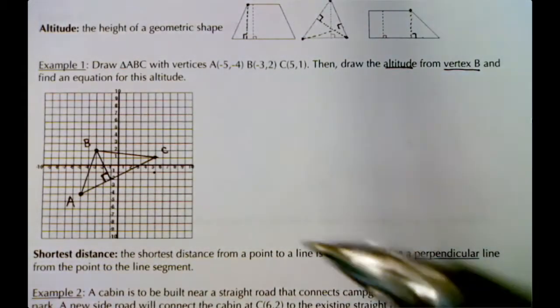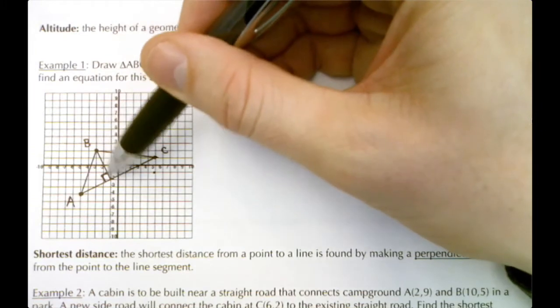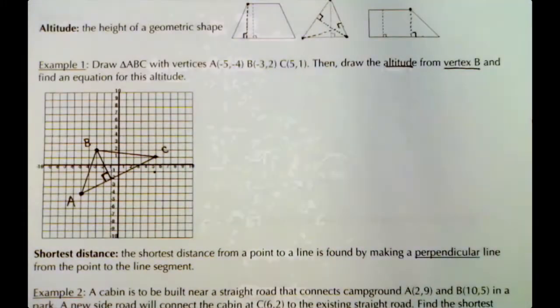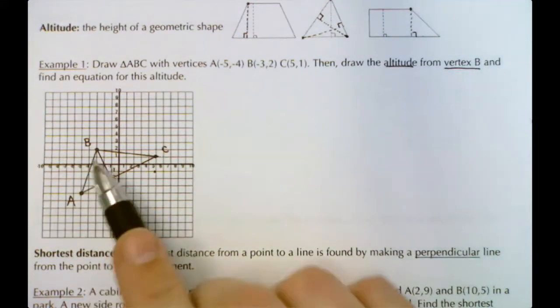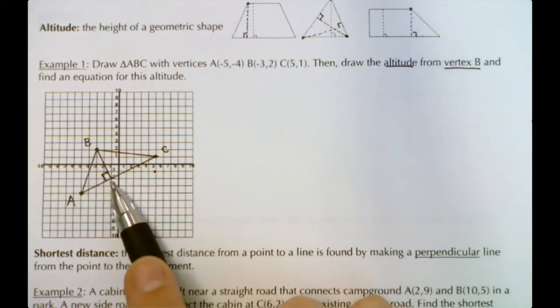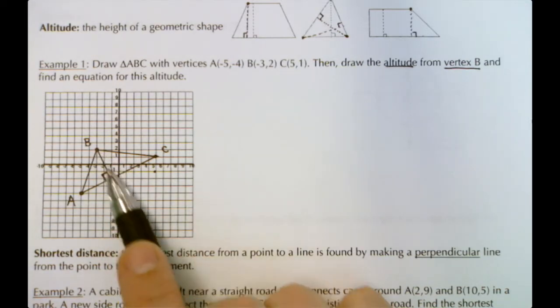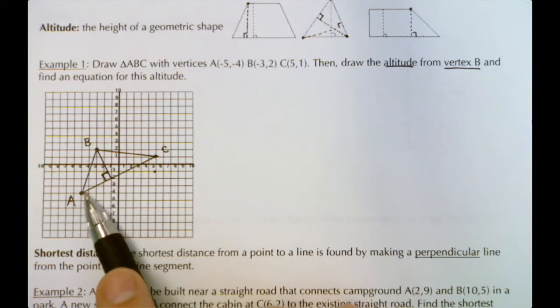So how would I come up with the equation of this line? Well, on this line right now, I know one point for sure. I know point B, and I don't know the slope of the line. It looks like it touches that point right there, but we can't assume because we drew it roughly. So what we can do is use the idea that this line should be at a right angle to this line.